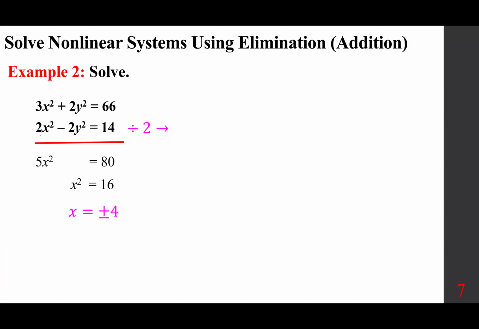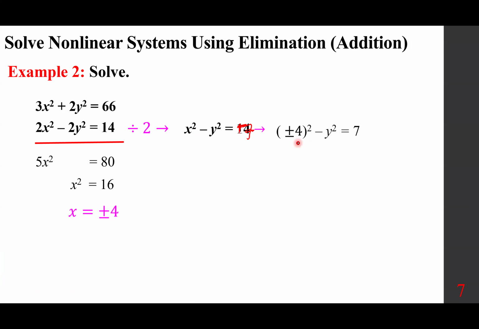By the way, notice that both sides are divisible by 2. So you can write x squared minus y squared equals 7, if you want to do that. And then plug in. Whether you plug in positive or negative 4 makes no difference, because when you square them, both of them result in the same number, namely positive 16.